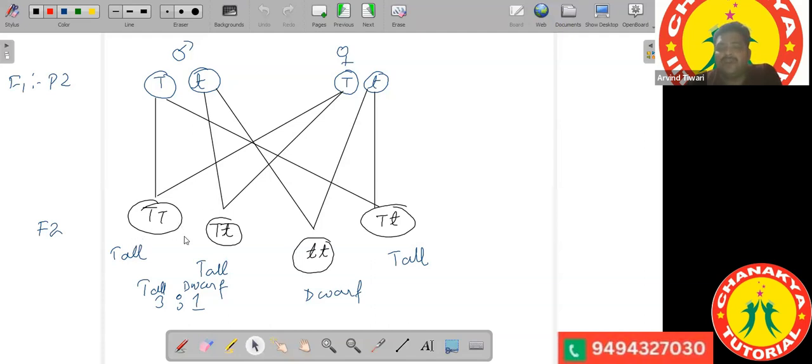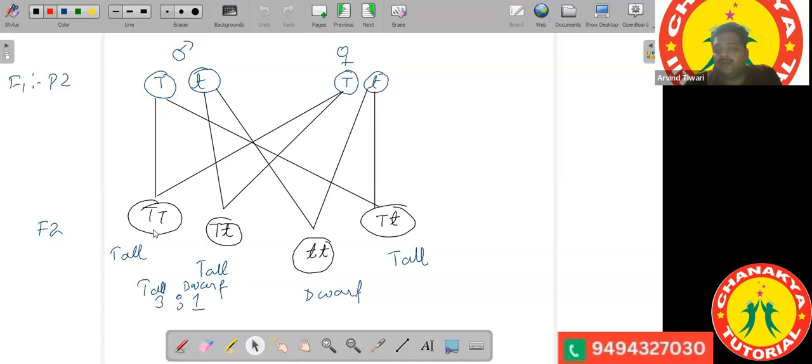Law of dominance means if the factors or the genes for both the contrasting alleles are present, only the dominant allele is represented. The recessive allele is not represented. For example, in this situation, both the chromosomes represent the dominant allele, that is tallness.